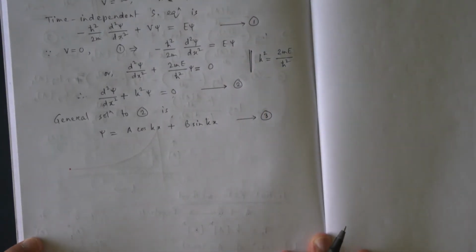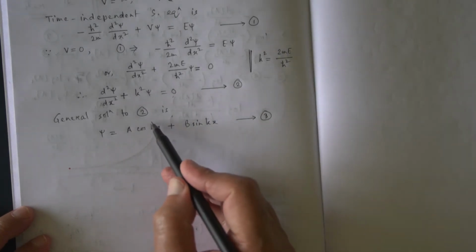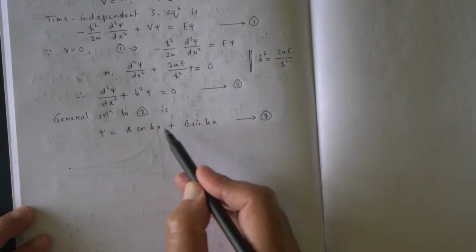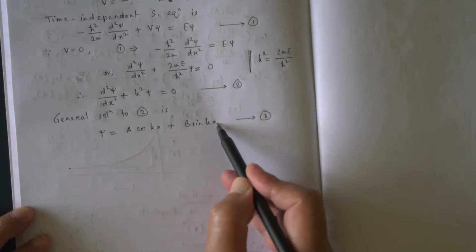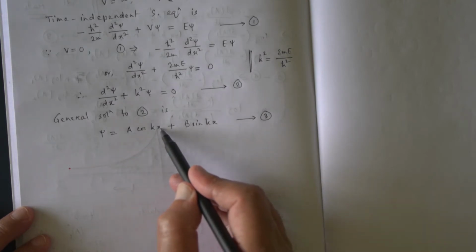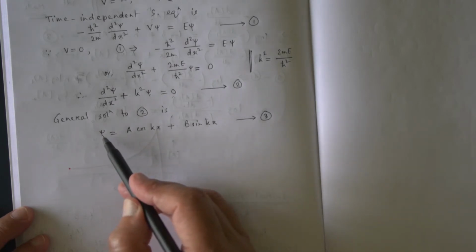Now we have already said that depending on the value of theta, that is x, we will get so many values of psi. Okay. Depending on the value of x, we may get thousands of values of psi.